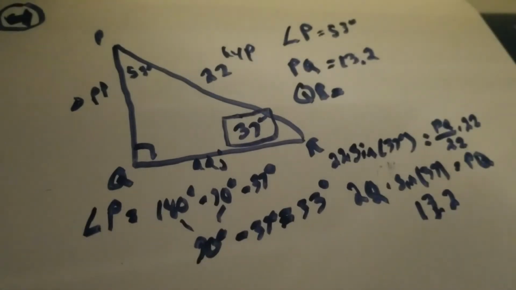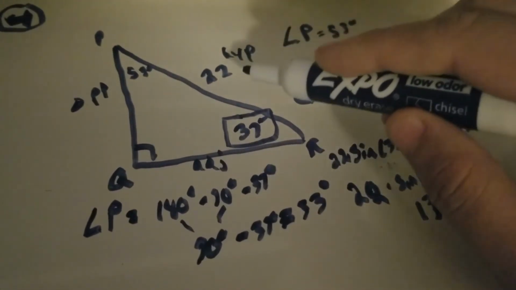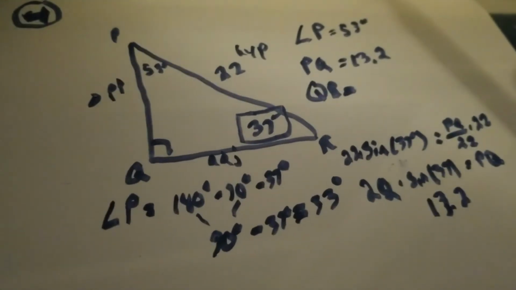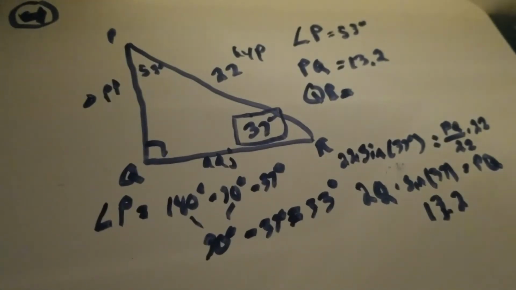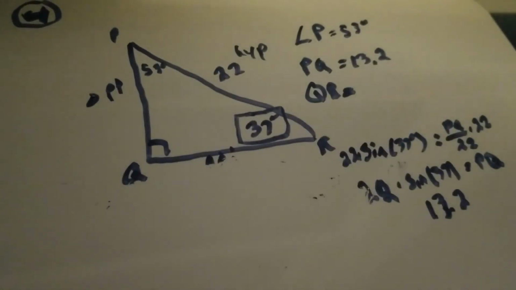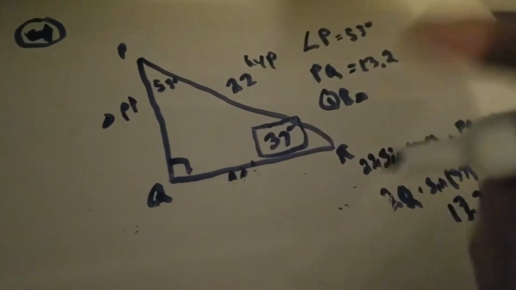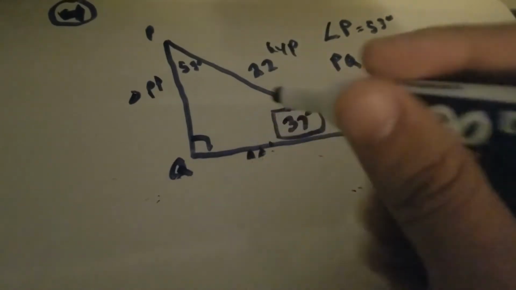Let's go to the next one, which is QR, the final one. That was adjacent. Let's use what's given as hypotenuse. So adjacent and hypotenuse together, we're going to get cosine, because cosine is adjacent over hypotenuse.